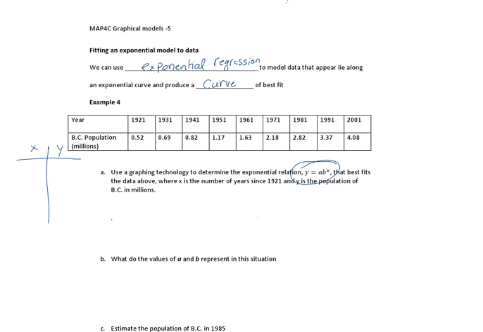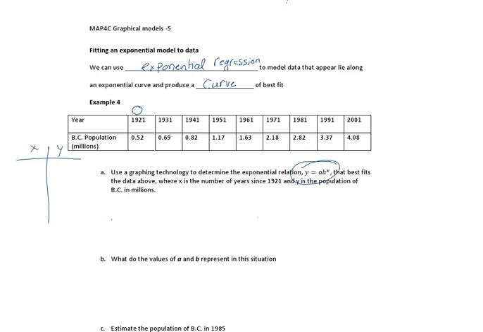So 1921 is going to be 0, because 1921 is year 0, is when you're starting. What would be 1931?